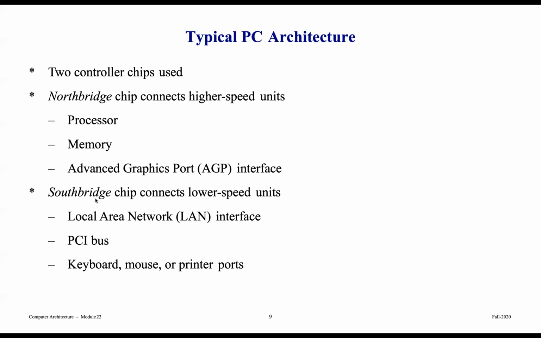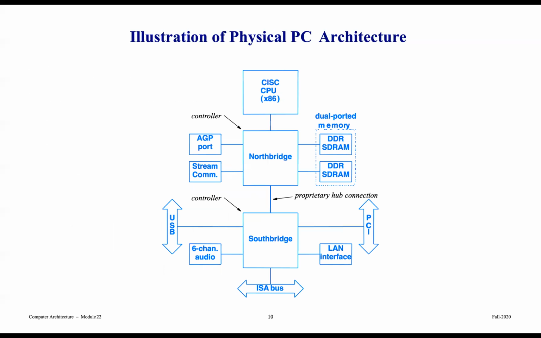And the south bridge is how you can connect with some of the lower speed units, relatively speaking: the local area network or LAN, the PCI bus, and the keyboard, mouse, or printer port, and I would throw in Wi-Fi as well. And so here is how that could look. We're seeing this north bridge and this south bridge.